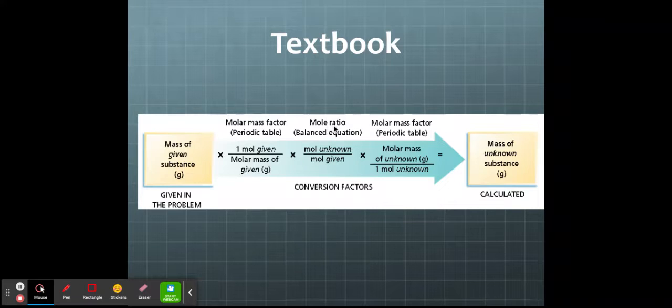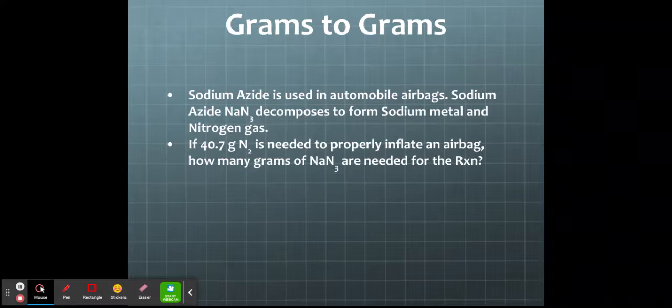Then you go from moles wanted to mass wanted using the molar mass. These conversion factors can be found right from the mole map that we use. So let's take a look at a real problem dealing with automobile airbags.